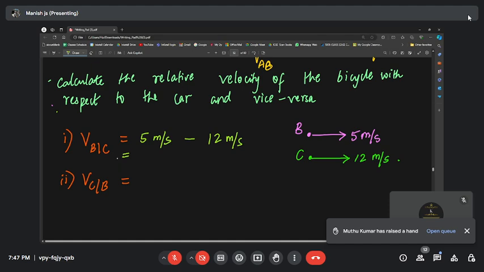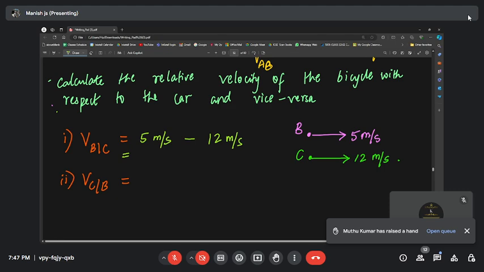So here we are trying to calculate the relative velocity of one object with respect to the other. You have two objects moving along the same direction, and the velocity of one object with respect to the other is what we are dealing with. Here you can see B and C are two objects moving towards the right. So the velocity of object B with respect to object C is VB minus VC, which is 5 minus 12.